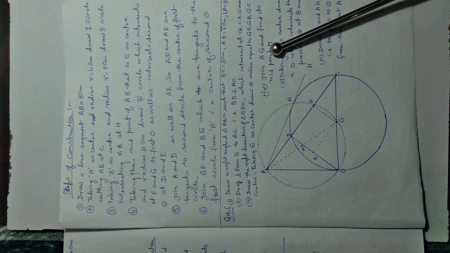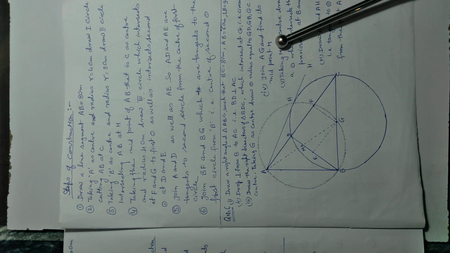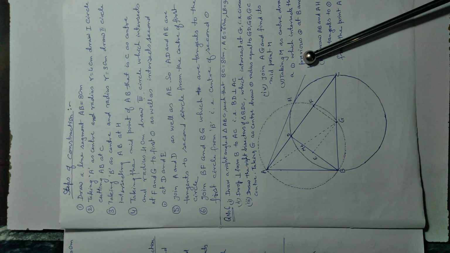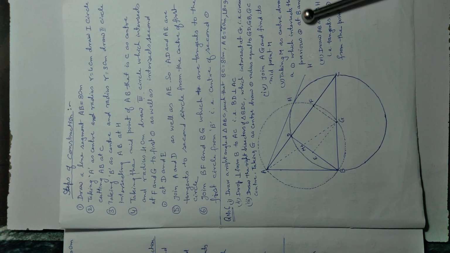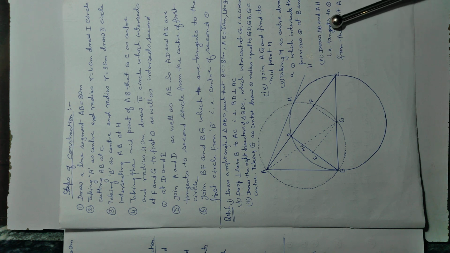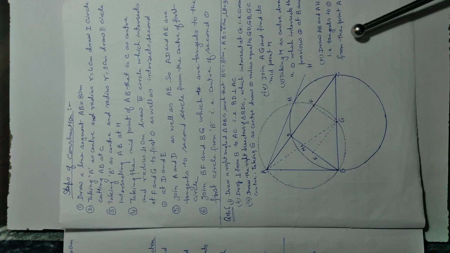Join AG and find its midpoint M. Taking M as a center, draw a circle which intersect the previous circle at B and H. Draw AB and AH, that is the tangent to the circle G from the point A.